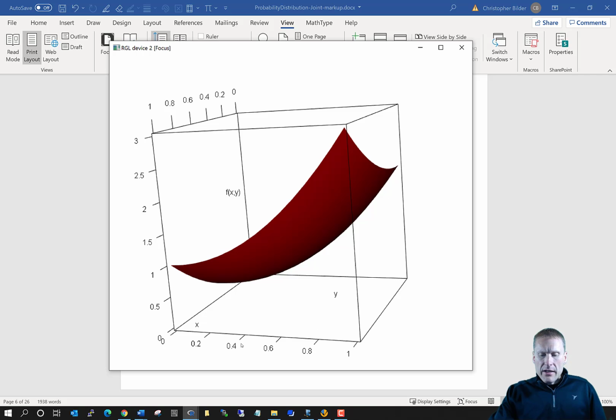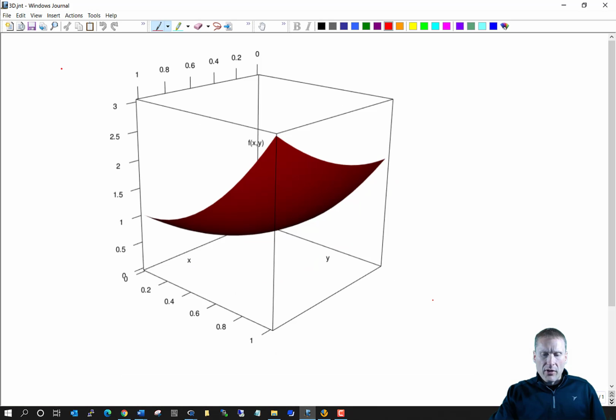Well, right here, where my mouse is, I have the x-axis. Over here, I have my y-axis. And basically, I'm looking for the volume underneath this curve from x equal 0.8 to 1 and also y equal 0.8 to 1. I have a screen capture of that particular plot now, so I can draw on it nicely. So if you can imagine me doing this in 3 dimensions, which can be difficult.